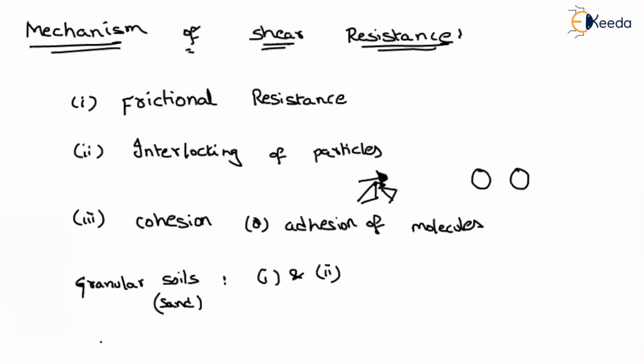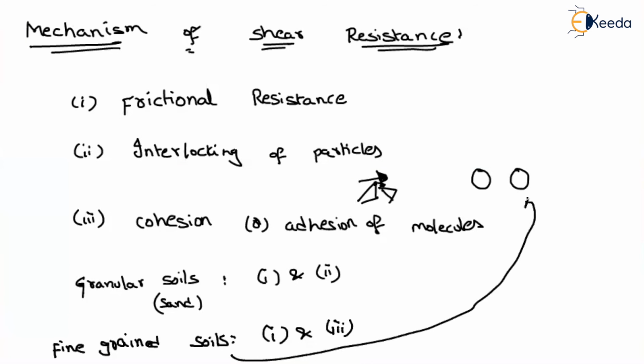But if I am talking about fine grained soils, like silts and clays, then the shear strength is only because of the first and third. That means there will not be any shear resistance coming from interlocking. Why? Because for fine grained soils, the soil particles will be in the form of circular shape. As they are circular, because of interlocking there will not be any resistance.